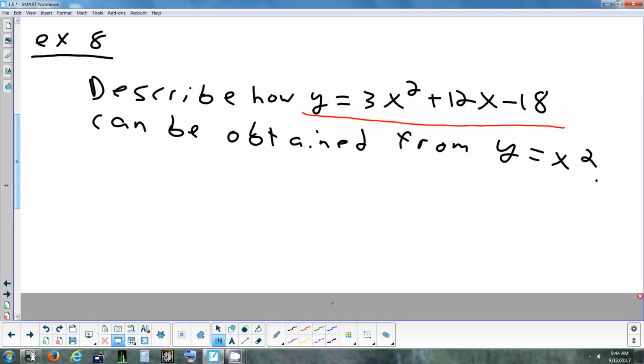Actually, one thing before we even do that, I'm going to factor the 3 out, but I'm also going to put the constant on the other side. That's the first thing I'm going to do. Put the constant on the other side by adding it.